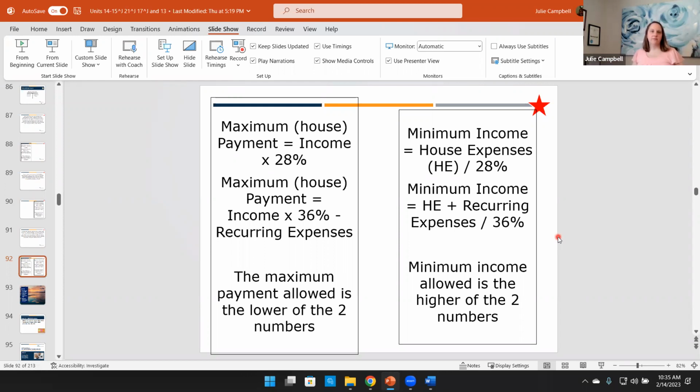Y'all want the good news? I'm in a really good mood today. And it's Valentine's Day. So what the heck? You're not going to have qualifying a buyer math on my exam. You may see it at PSI Testing Center. So what I would do right now is make yourself a big note that says, look this over before I go to PSI.